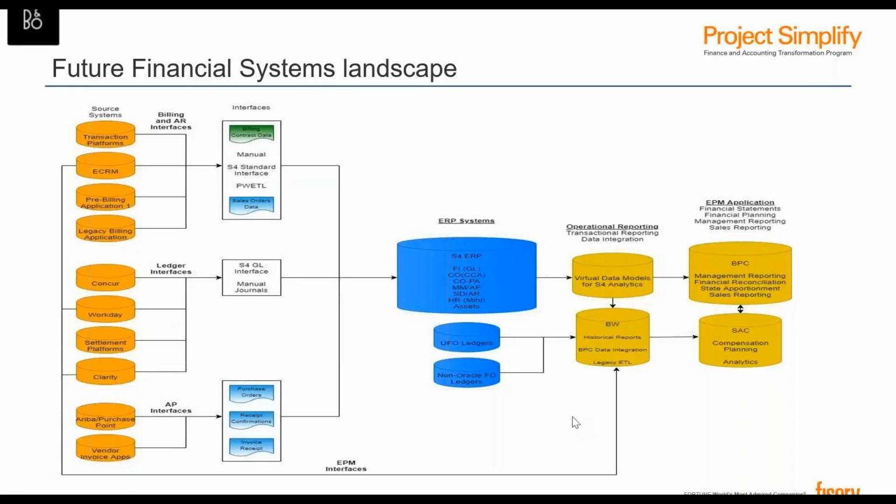One of the areas where we learned in this process is SAC is not as flexible from a data integration standpoint as BW was. So we had to use some of the heavy lift capabilities of BW to make the data available such that SAC can easily consume it.